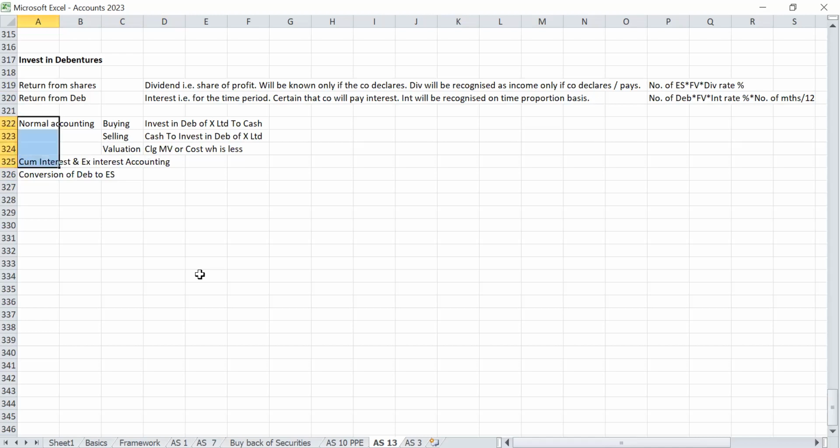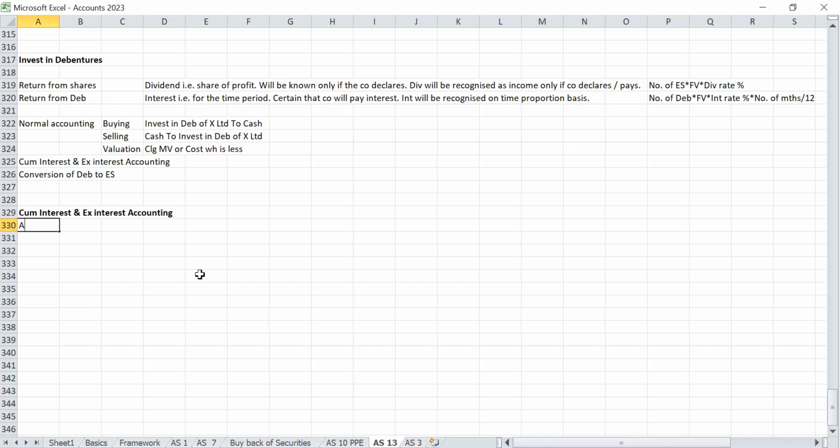So if you learn these three, everything will be finished. Normal accounting, I already told, is only the journal entries, so that is very simple. But now we are going to discuss what is cum-interest and ex-interest accounting.